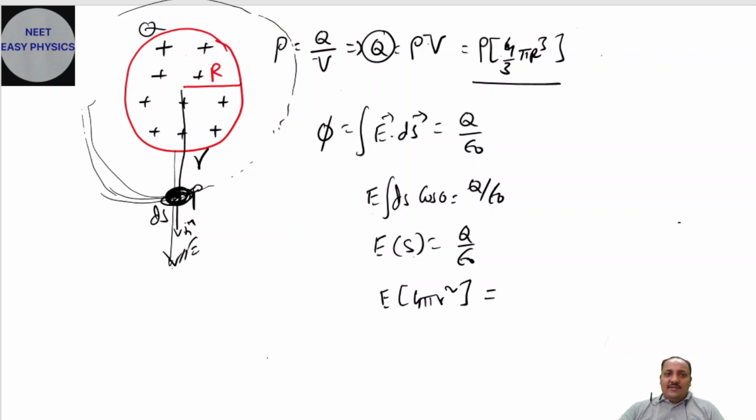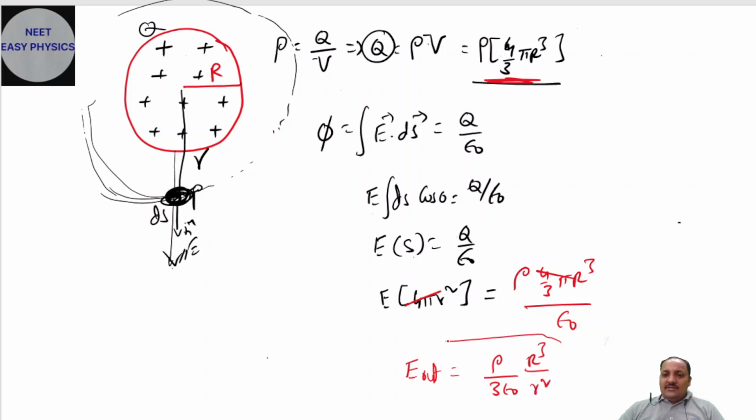Capital Q is nothing but rho into 4/3 pi R cube, divided by epsilon naught. So 4 pi will be cancelled. Then the electric field intensity due to a non-conducting sphere outside is rho by 3 epsilon naught into R cube by r square.